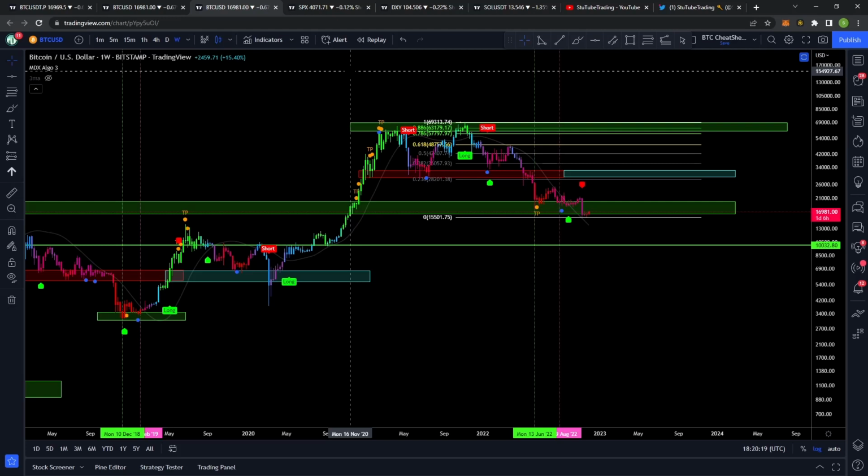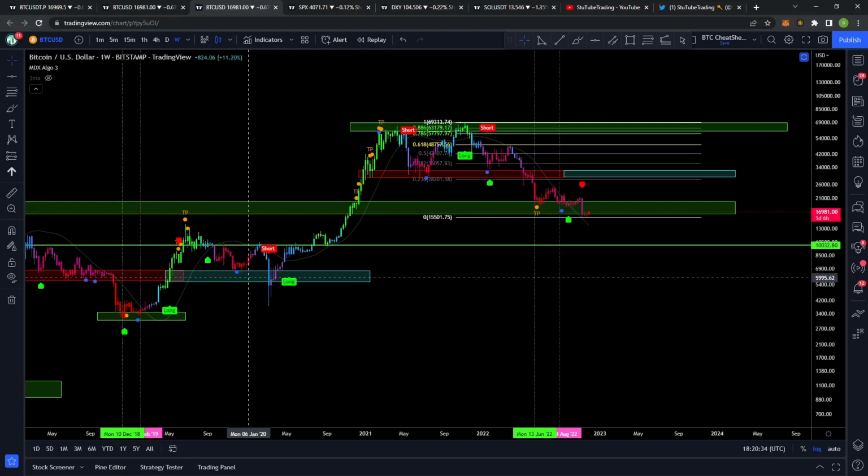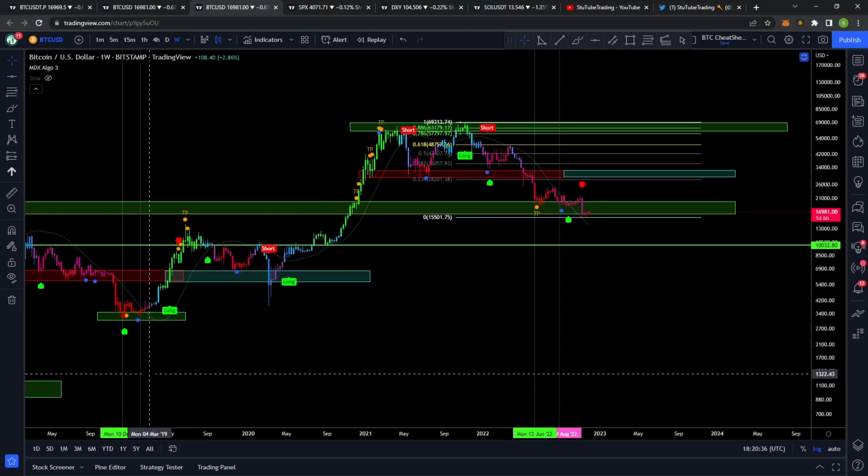I personally get a little more interested in altcoins once Bitcoin does show signs that it's in an actual bull market and breaking an important structure, because I like to think of the money flow cycle. People are going to move from cash, and when they're feeling confident, they'll invest in something a little higher risk, like Bitcoin.